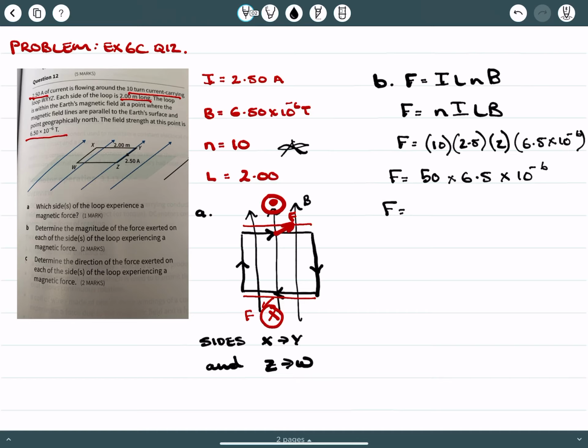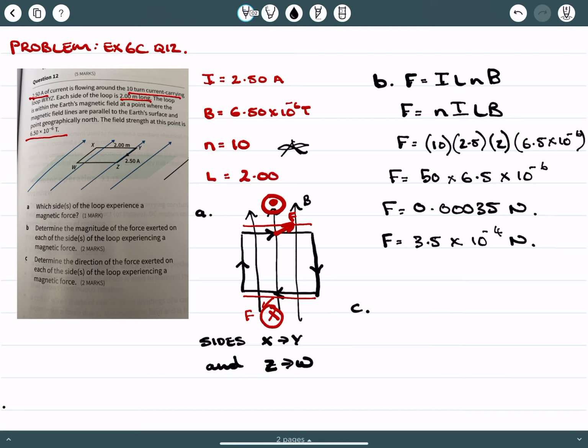I put that into my calculator, and I get a force of 0.00035 newtons. We'll write it as 3.5 times 10 to the negative 4 newtons.